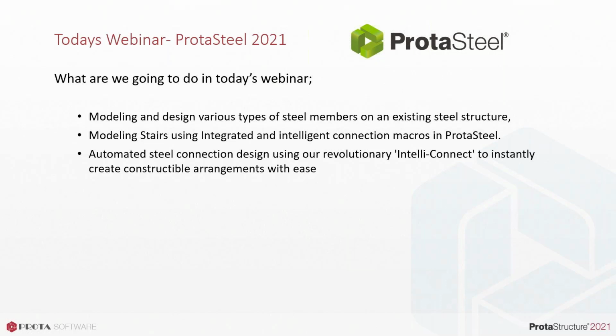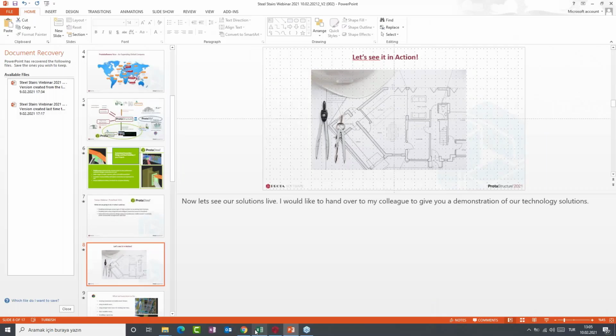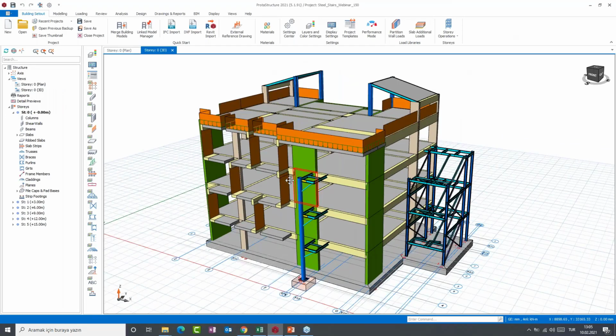He'll also be showing the revolutionary interconnect for all automated connection design as he goes with ProtaSteel. Okay. So if you're ready, we can just start. Let's see this in action.